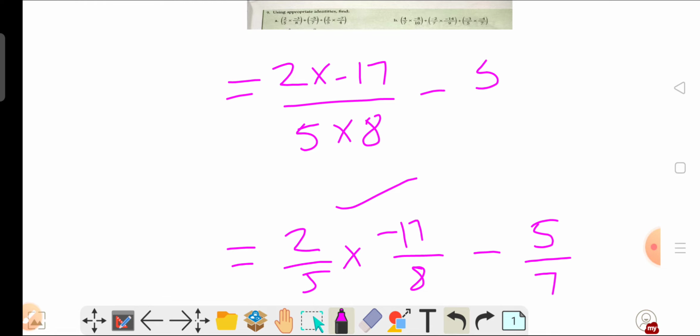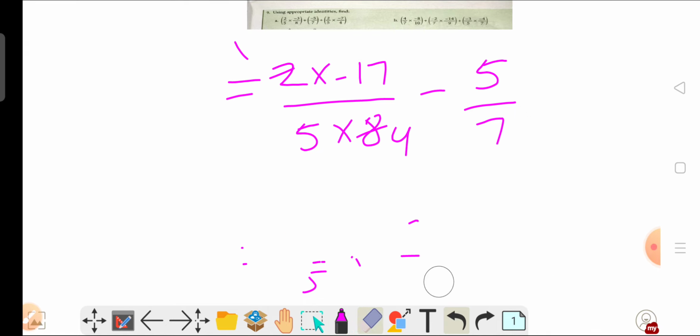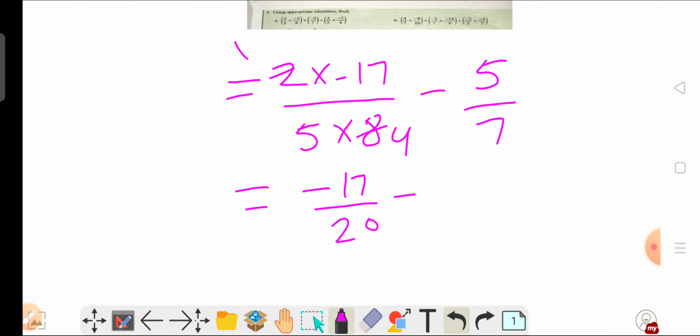Now we have to check whether there is a common factor between numerator and denominator. 2 is the common factor between 2 and 8, so we cancel it. This becomes 1 after cancellation, and this becomes 4. Now this is equal to minus 17 by 20 minus 5 by 7.